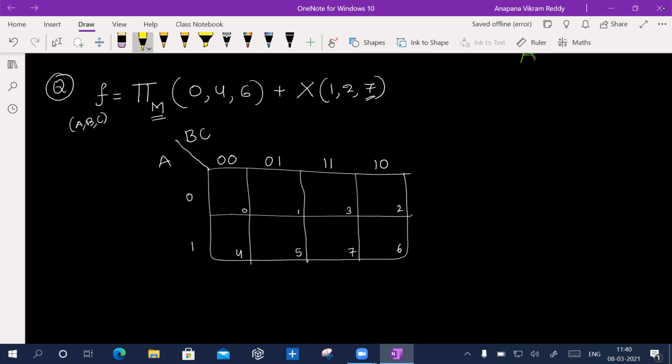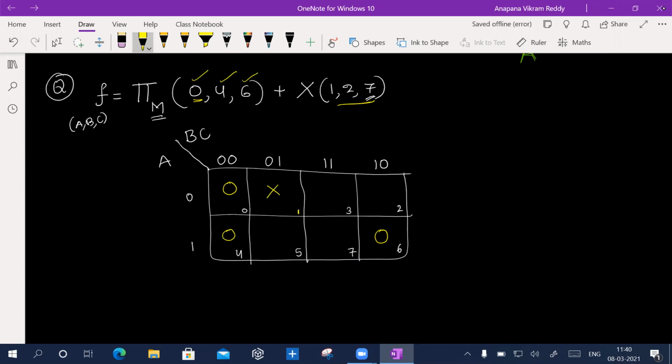It's working now. Okay, I have 0 here, and I have 4, and 6. So I covered 0, 4, 6. And there are 3 don't cares here, 1, 2, 7. I take one don't care.